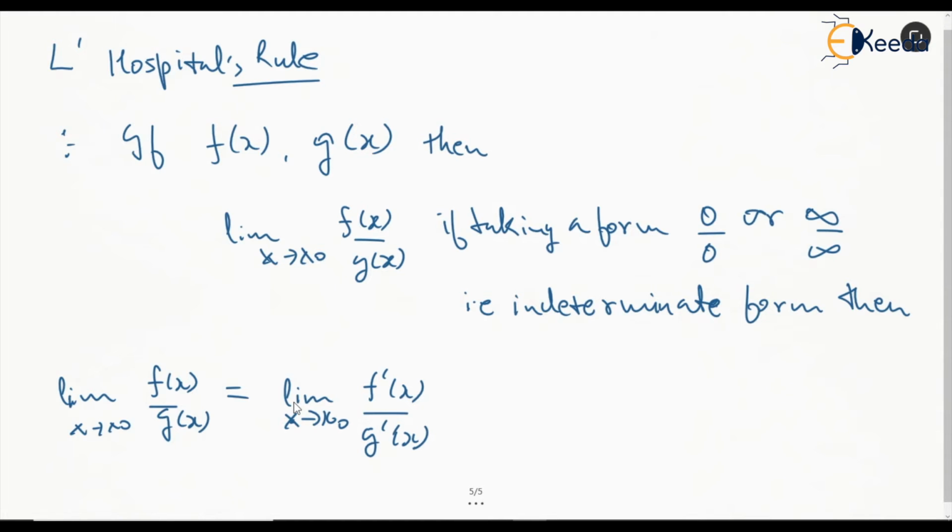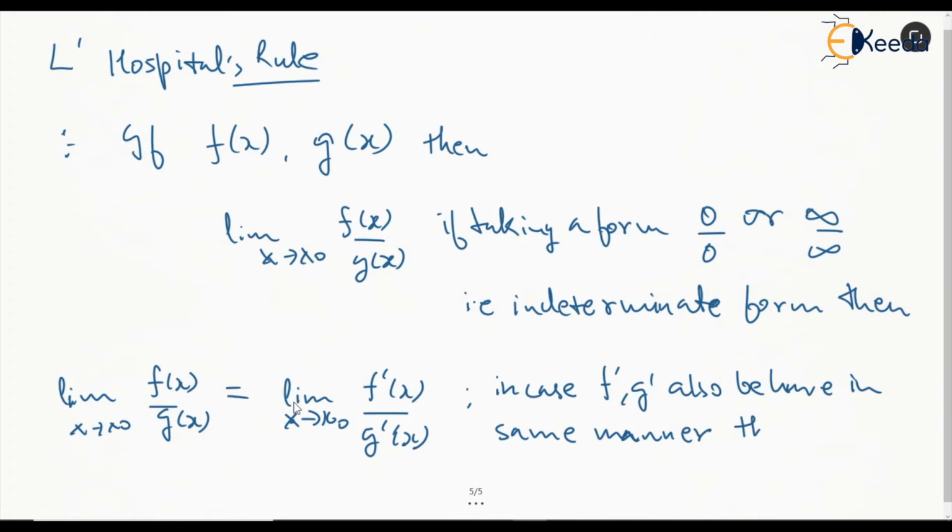And in case, you can add here, that is, in case f dash, I'm simply writing f dash, and g dash also behave in the same or similar manner, then we can repeat this process.